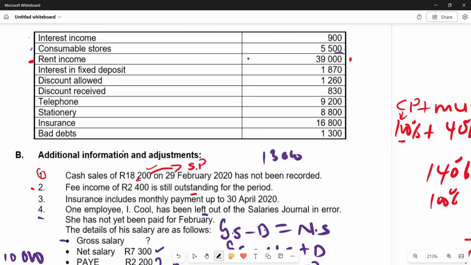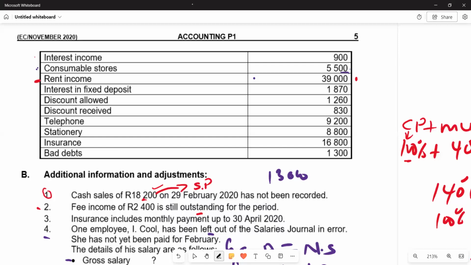So that's the next step that we need to go and check. If you check your telephone, you see that we've got nothing that is affecting our telephone. So you can just take 9,200 as it is, and we put it there. We also have our stationery here.